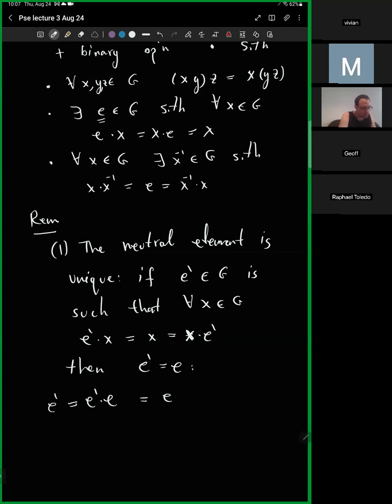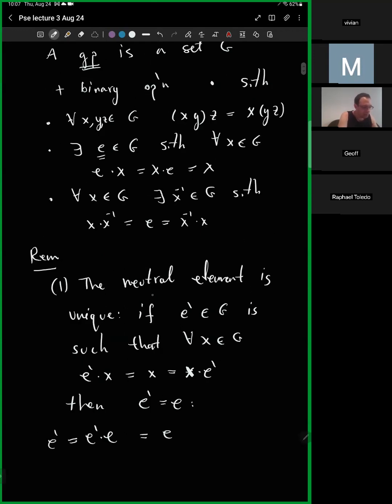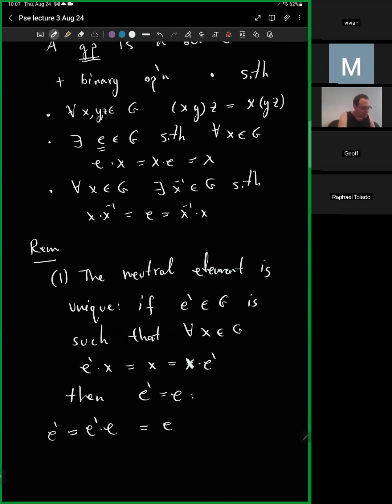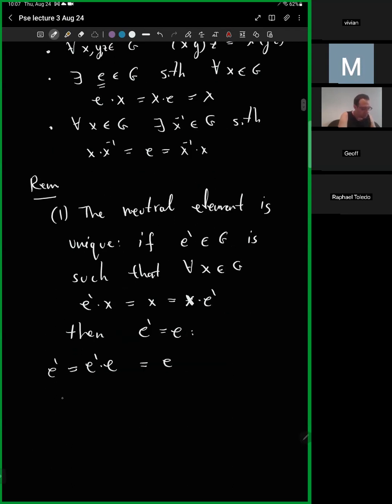So you get this small fact. You cannot have two neutral elements. Similarly, the inverse of x is also unique.